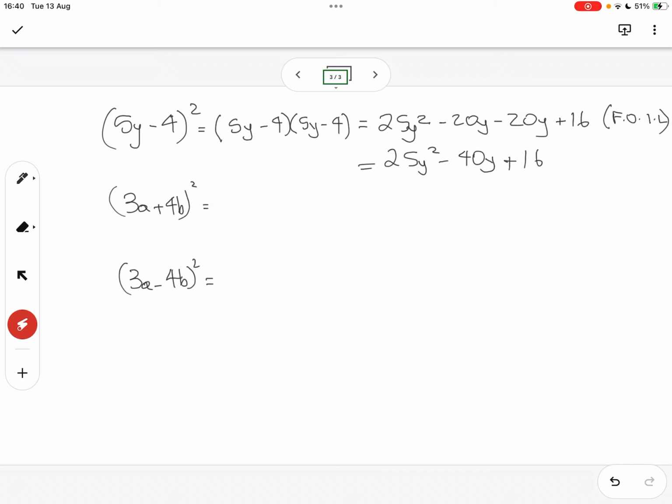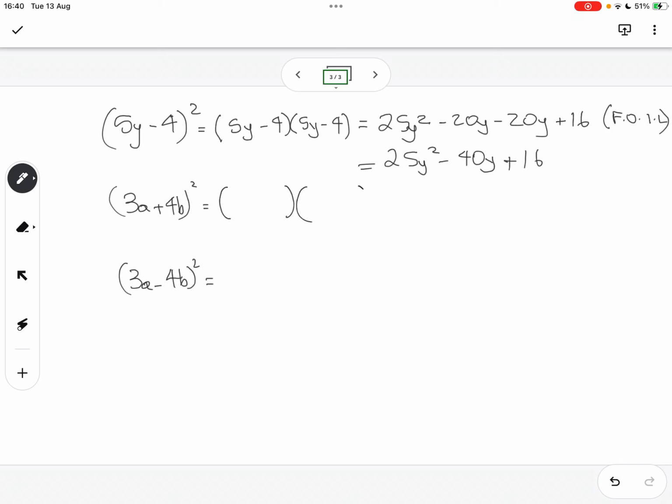Okay, so again, what is explained there is that positive inside the bracket will give us a positive middle term, and negative inside the bracket will give us a negative middle term. So let's quickly do this one.